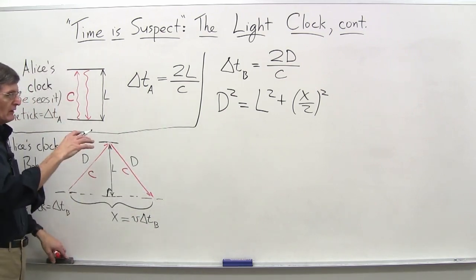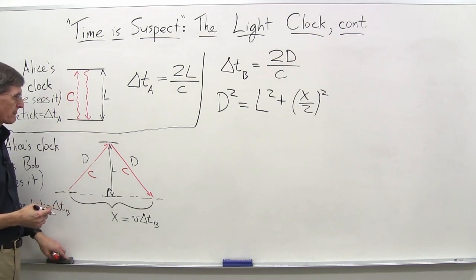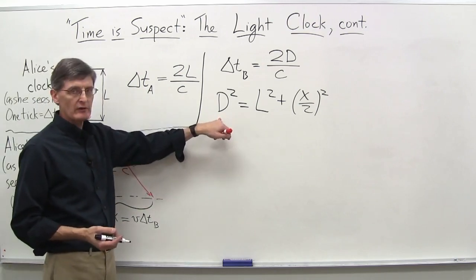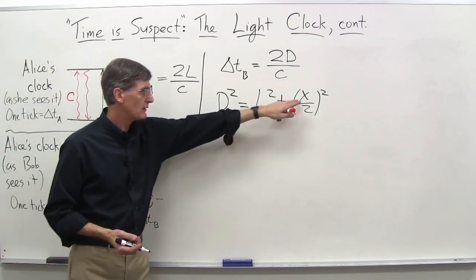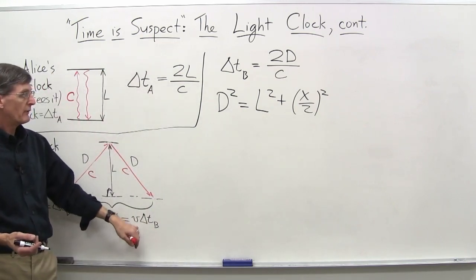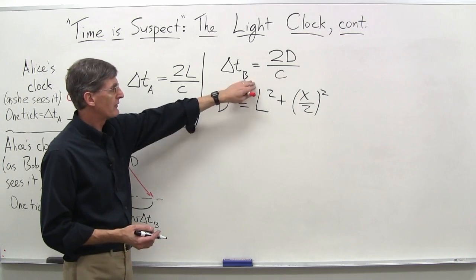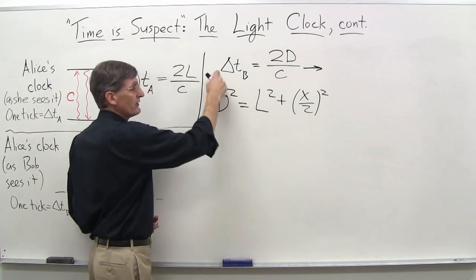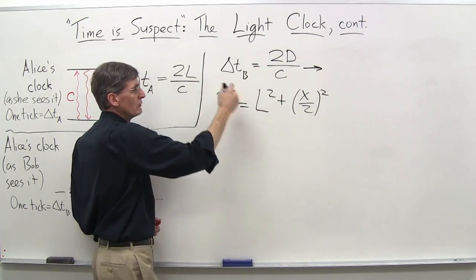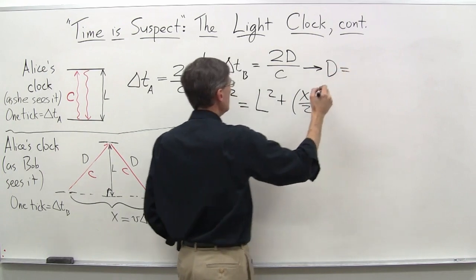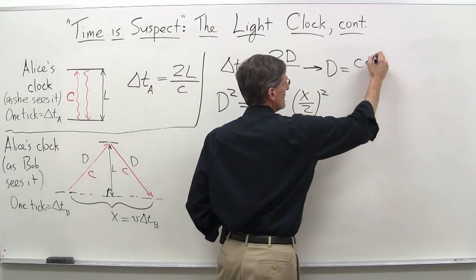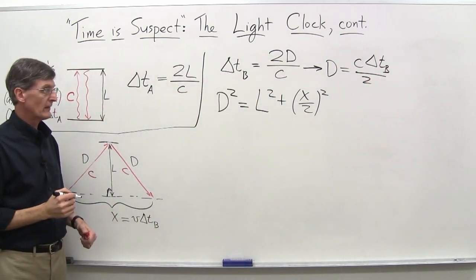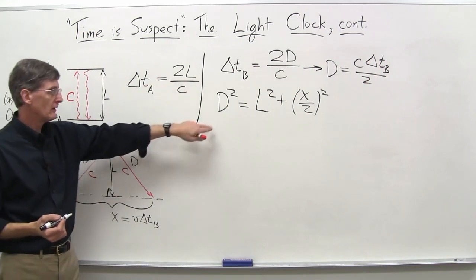So D squared equals L squared plus x over 2 squared. We can fill in some things here. We'd like to get rid of the D and the L, and in a minute we'll plug in for x. But let's focus on D first. From this equation, if we rewrite this, pull the c over here and divide each side by 2, we can see that D equals c delta T B over 2. That's good news, because now I can square that and plug it in here.